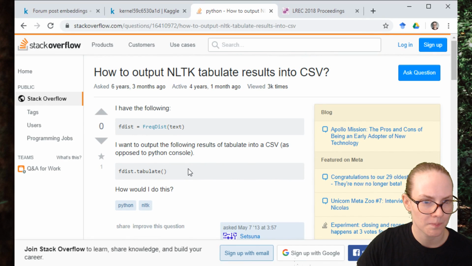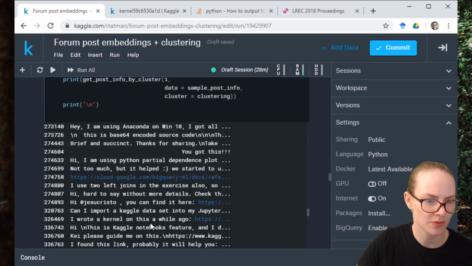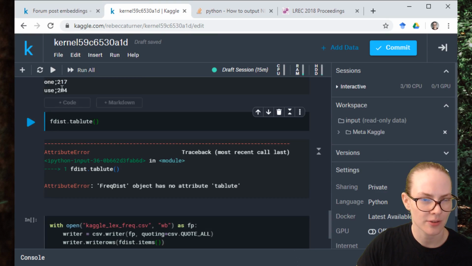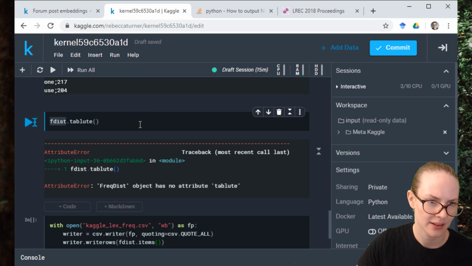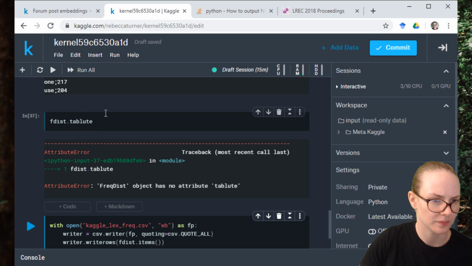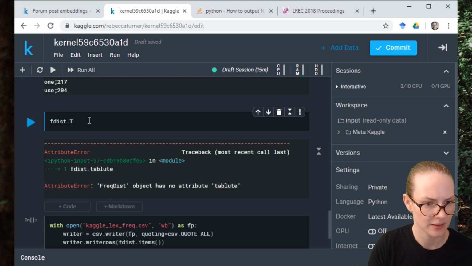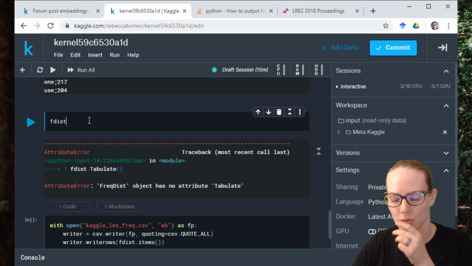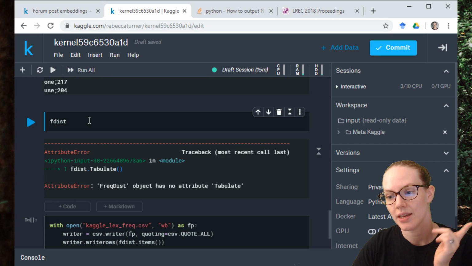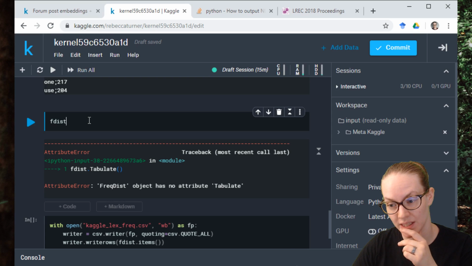Frequency distribution for the text, definitely what I have. I don't think I changed it in this kernel. Okay, that definitely is what it is. Has no attribute tabulate. Nope. Was it capital T? Nope. All right. So my thinking was that we can do the saliency measure in the creation of the CSV, and then we can just read it in and use it for each of the words in our data set.